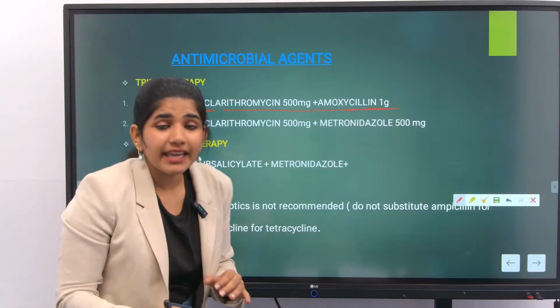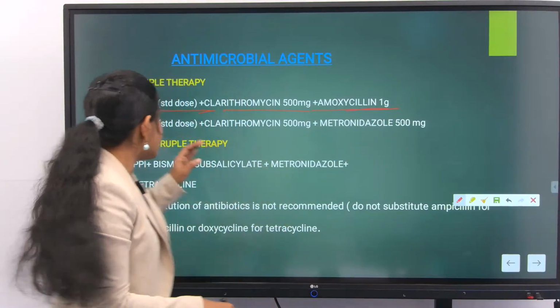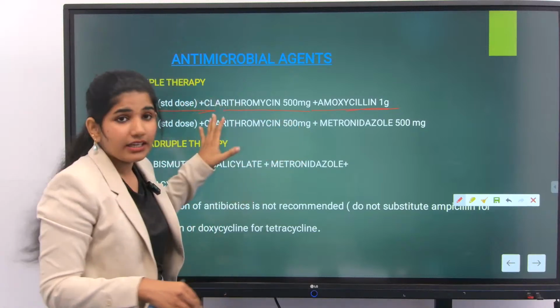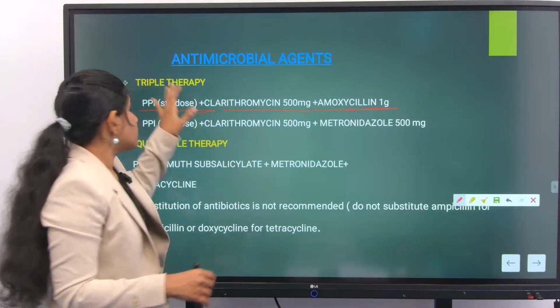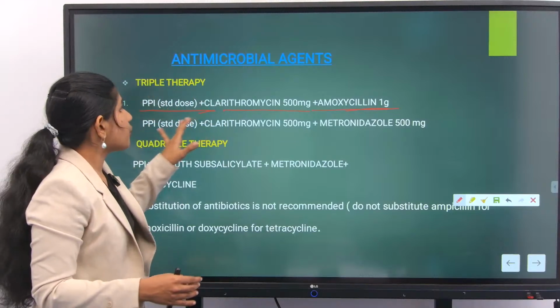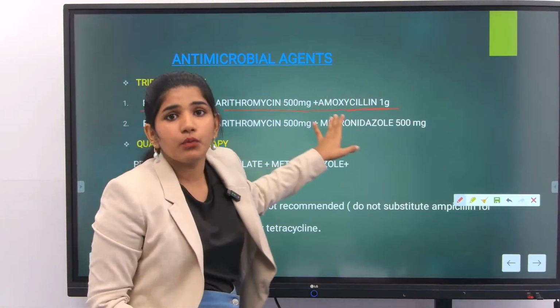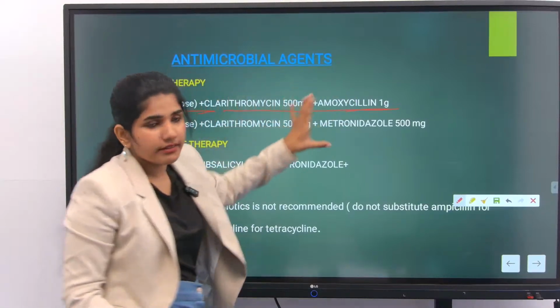For the proton pump inhibitor, for example omeprazole, the standard dose is 20 mg. So this is the major triple drug therapy.